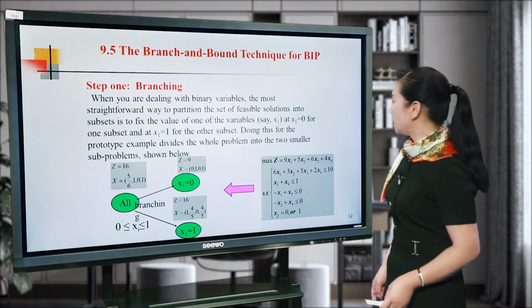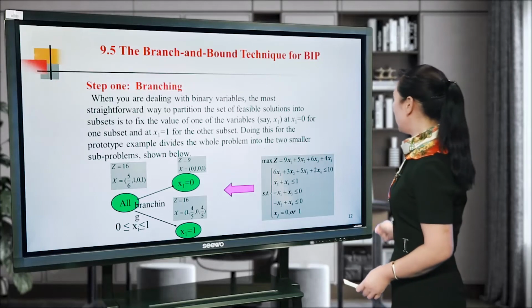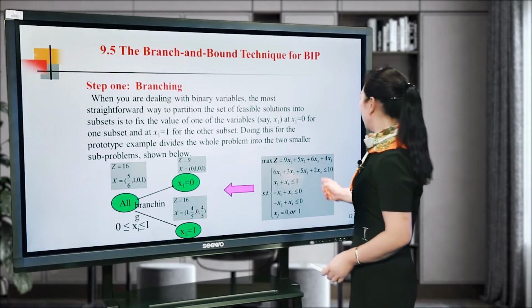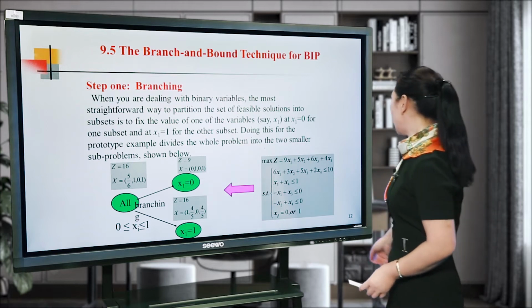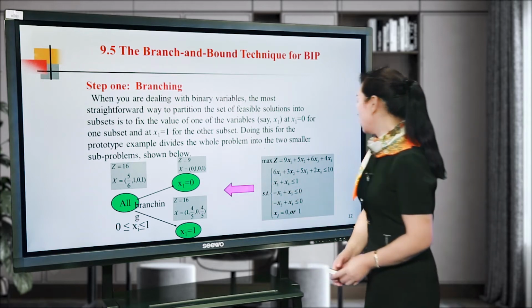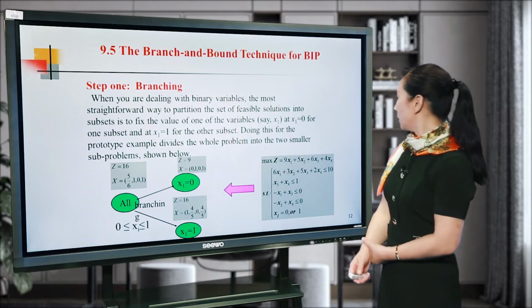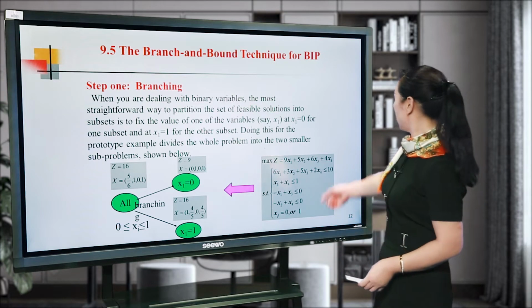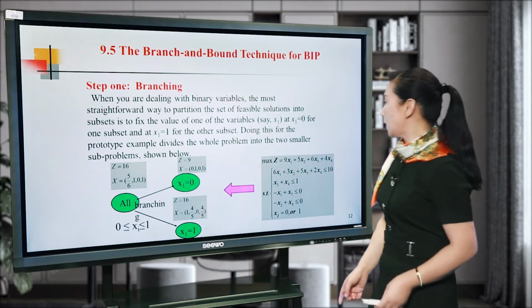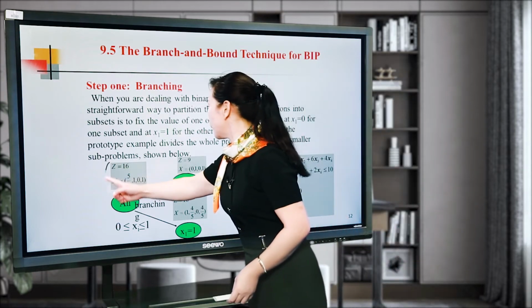That is, in this program, we first solve the LP problem by deleting the binary restrictions, forming the LP relaxation, and we solve it to get the optimal solution.